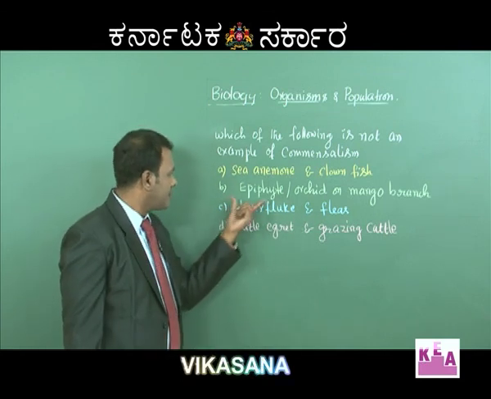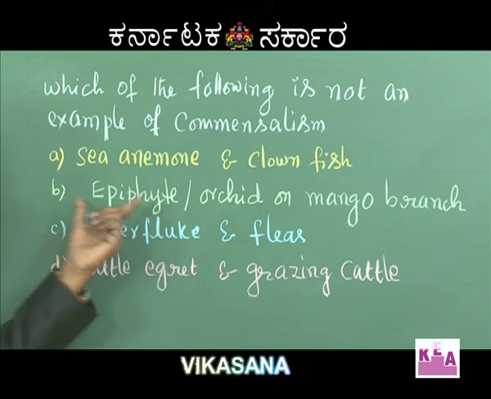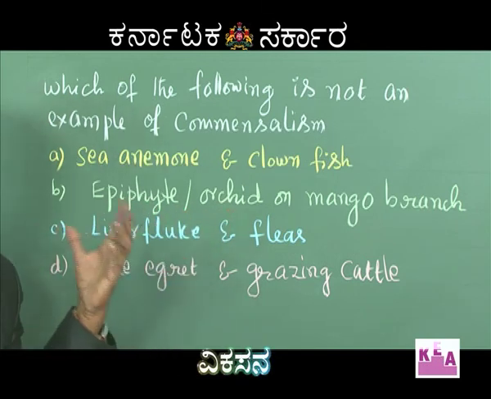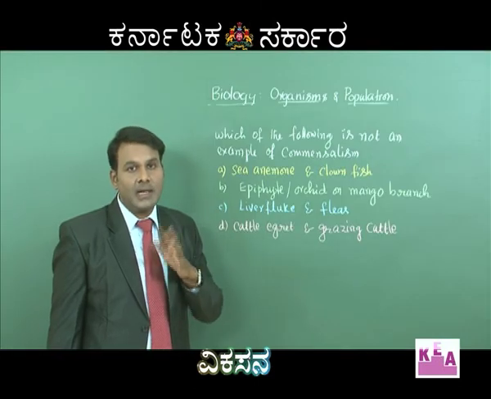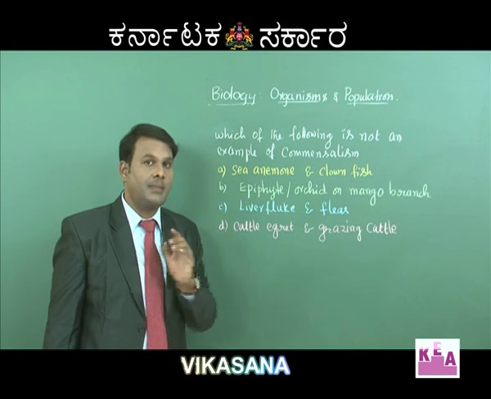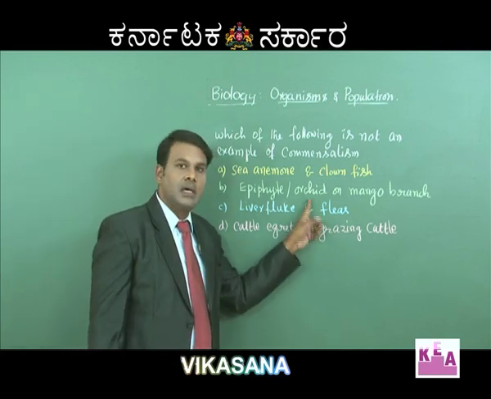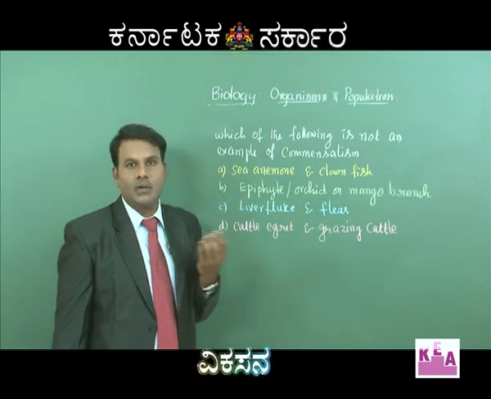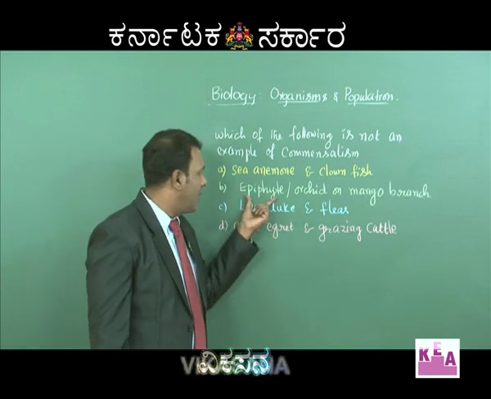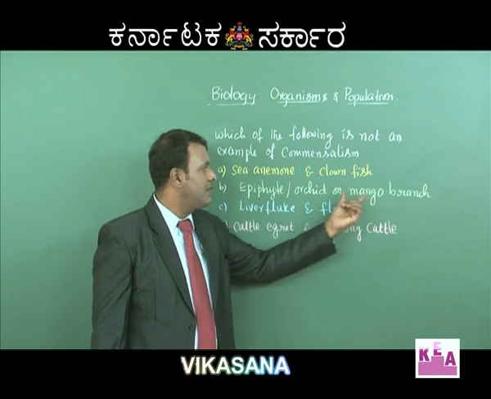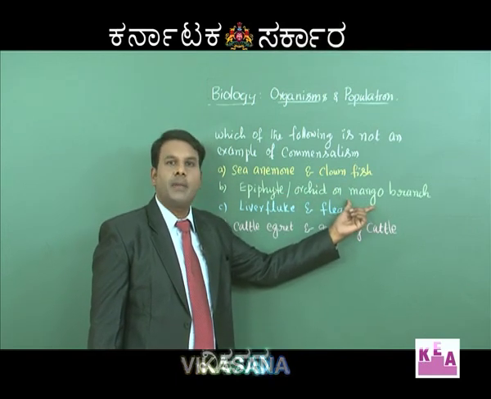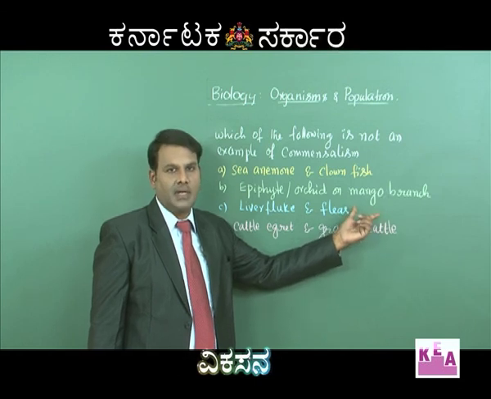Option B, epiphyte. In the forest there is a canopy, and sunlight cannot reach the ground. In that case, some of the smaller plants, particularly those belonging to the plant group called orchids, grow on other trees to catch the sunlight. In that condition the epiphytes make use of a mango tree in this case, but the mango plant is not at all benefited.